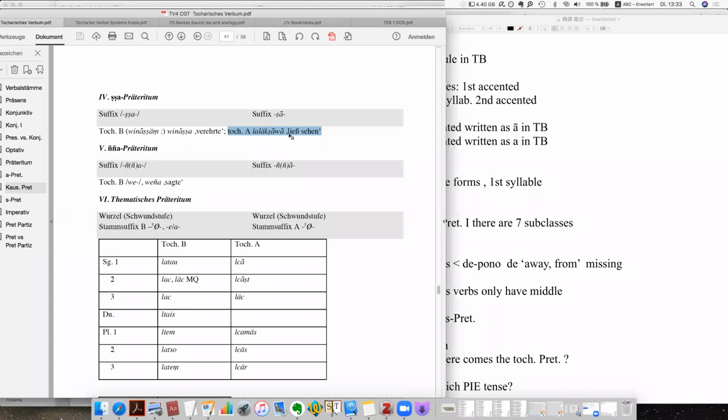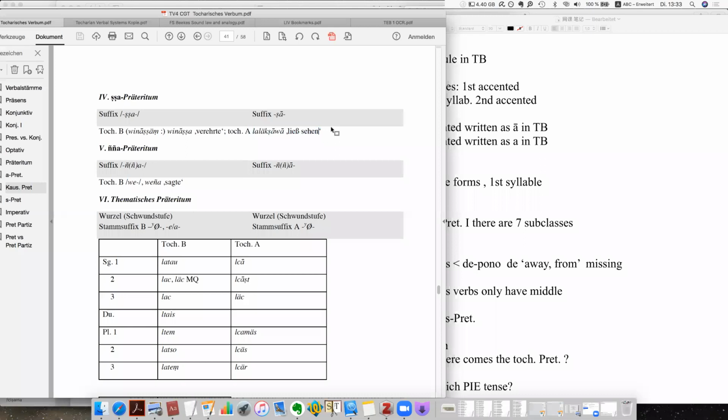So it's quite clear it's a causative. Laissez voir. It's similar in German: sehen lassen. So it is pretty clear we have a causative here.